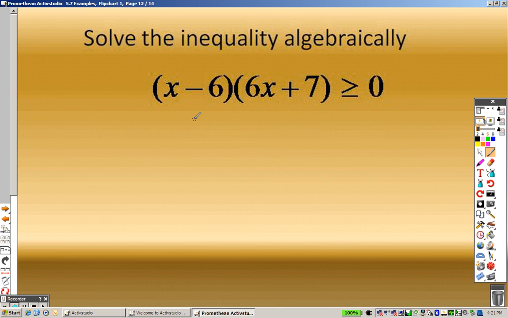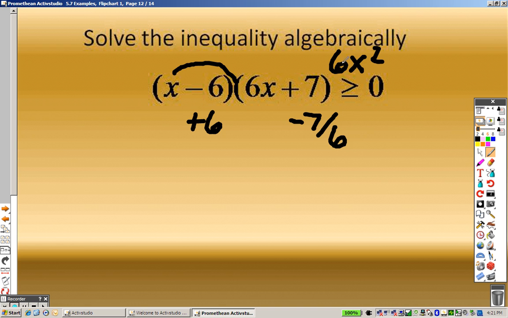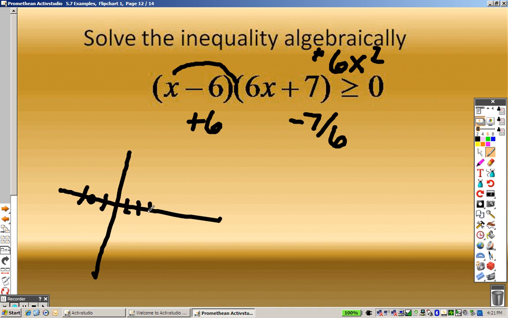Just like in this one, that's a positive 6 as your answer, and quickly that's a negative 7/6, because I would subtract 7, then divide by 6. I know that this is a positive graph because when I do that I get positive 6x squared. So at negative 7/6, which is about here, and 6, which is about there, I have a graph that looks like this.